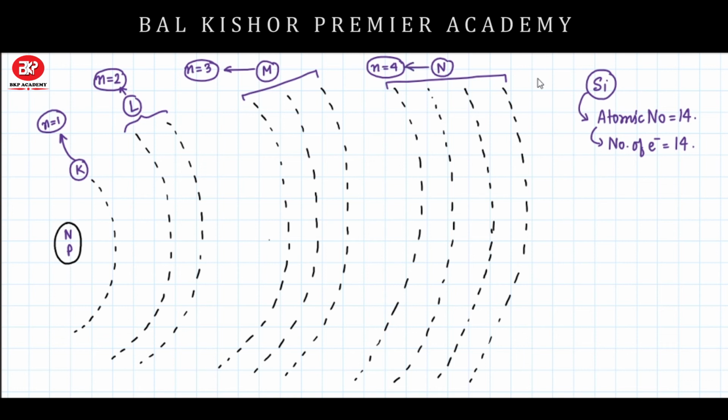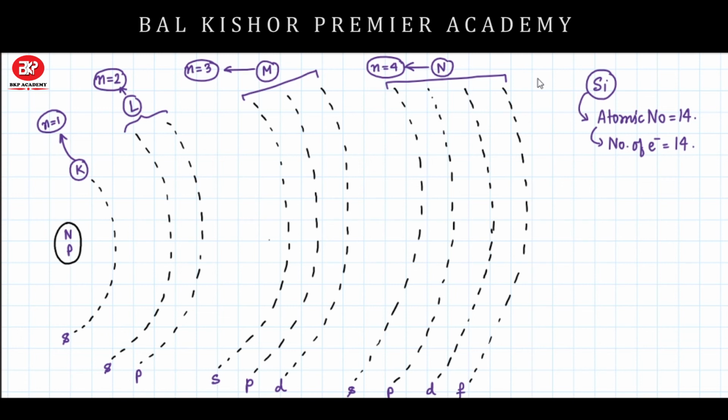Now, this is the S subcell. This will be the S and P subcell. In the M energy level, there will be three subcells: S, P, and D. And in the capital N energy level, there will be four subcells.